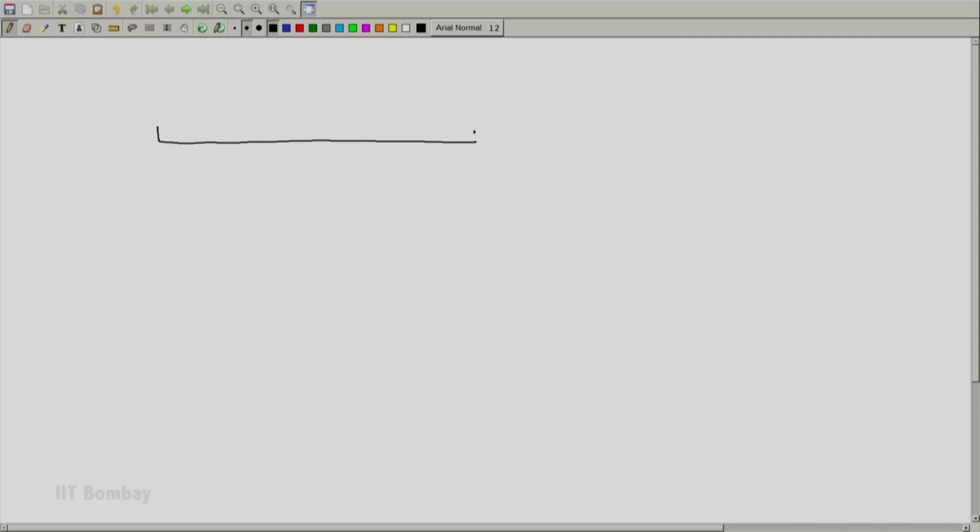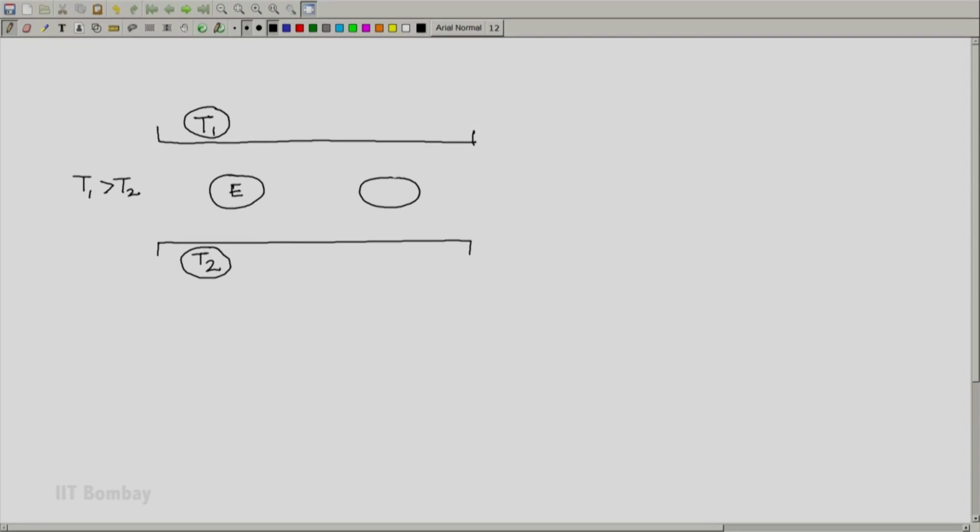Let us try. Let us again sketch our figure. Two systems, two reservoirs at T1 and T2 such that T1 is greater than T2, and T1 is fixed at some convenient value, T2 is also fixed at some convenient value. We have an engine E and we have a reversible engine RE.